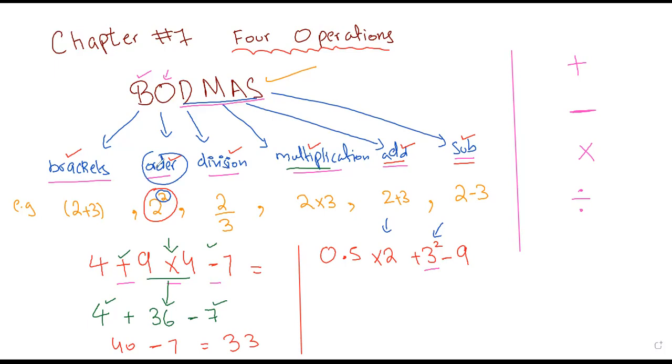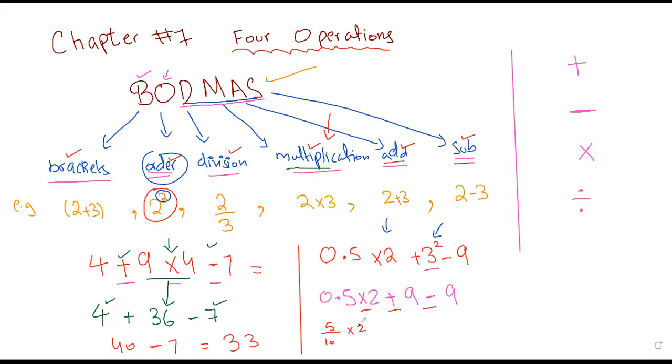So we'll solve that, and we will write down everything as it is. 3 to the 2 is 9 minus 9. Now what do we need to do, multiply, add or subtract? We need to multiply. So 0.5 into 2 would be, 0.5 can be written as 5 by 10 multiplied by 2. So what do we get?